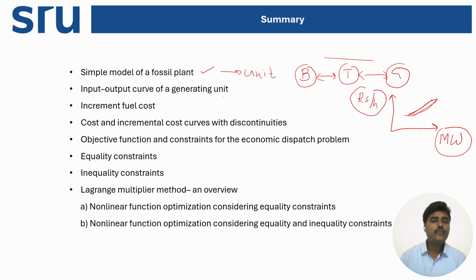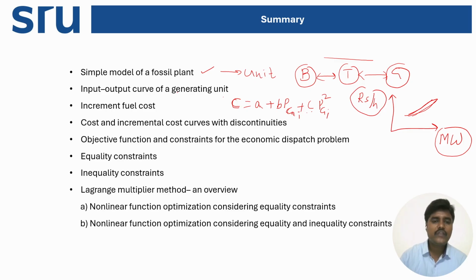And then the incremental fuel cost. Once you express cost as C equals A plus B PGi plus C PGi squared, this is called the fuel cost curve. I am repeating again: fuel cost curve C equals A plus B PGi plus C PGi squared. This is called the cost function, expressed in rupees per hour.